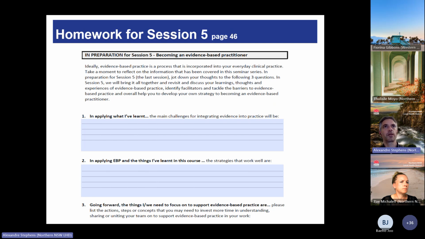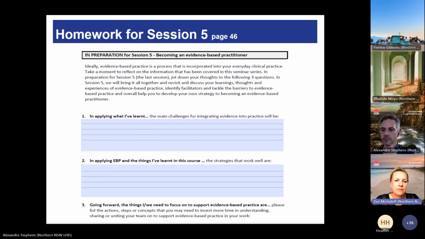I'm going to put it back to Zoe, who will talk a little bit about some of the homework. If you're going to attend our next session, a little bit of homework you can do in preparation for that session. Brilliant. Thanks, Alex. So pleased that a lot of people got these concepts today. It's fantastic to see that you followed along, and hopefully you've got some tips and tricks to interpreting research moving forward. So as Alex said, next week we come to the end of our evidence-based practice journey, and in preparation, we're bringing it all together.